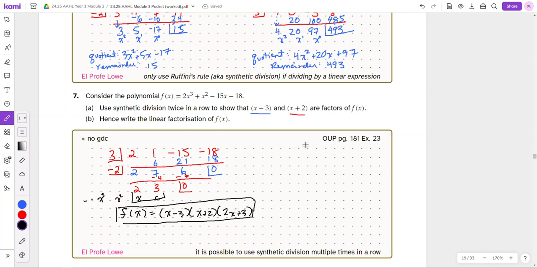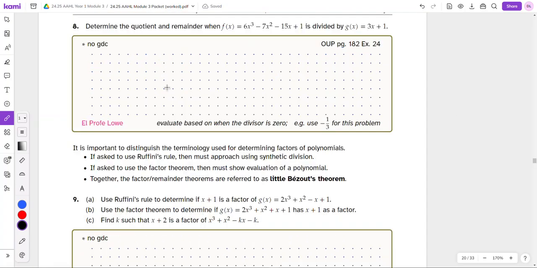All right. So let's look at one more example using the synthetic division. Okay. So here we have determining the quotient and remainder when this polynomial is divided by 3x plus 1.